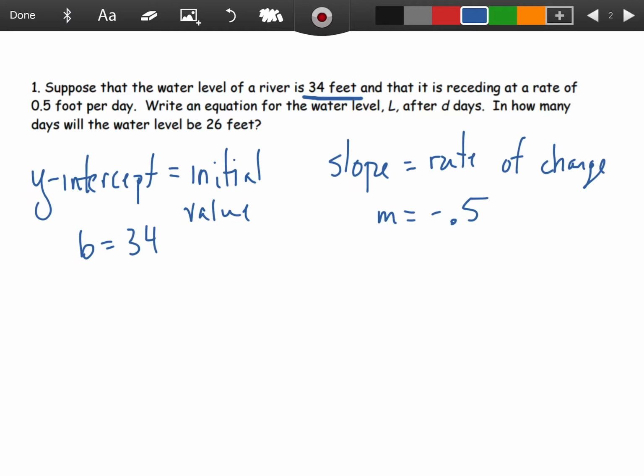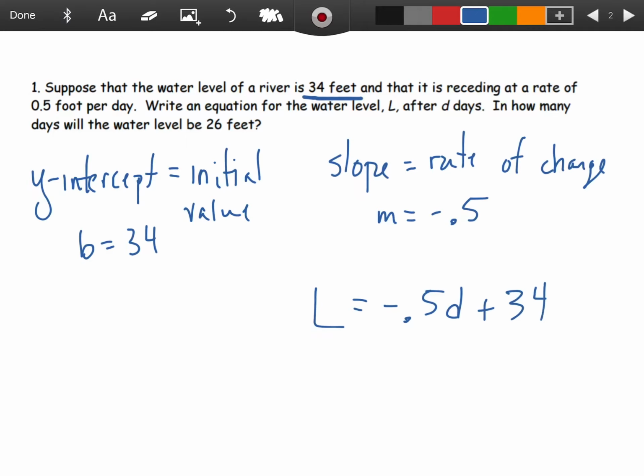Now we have: write an equation for the water level after d days. I know the water level is changing based on the number of days that have passed by. So L is going to be where my y normally would be. That water level changes based on the d days that have passed, and then it's just negative 0.5d plus my initial value, that y-intercept, which is 34.